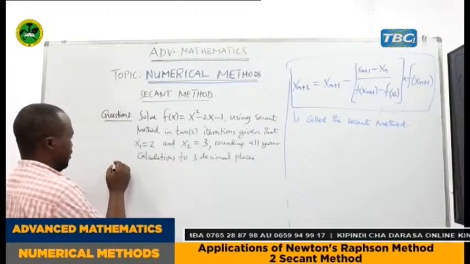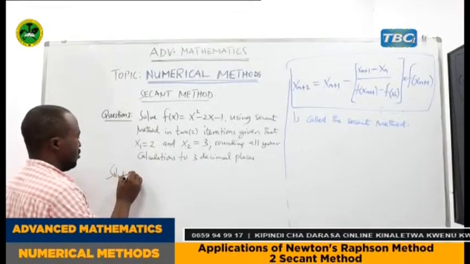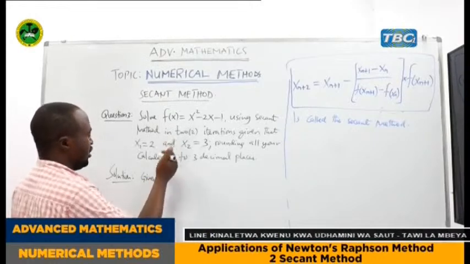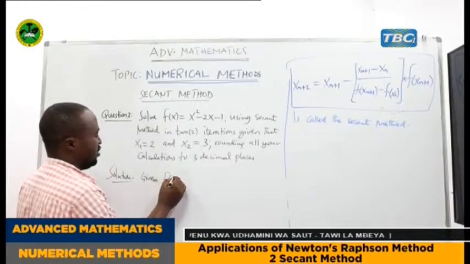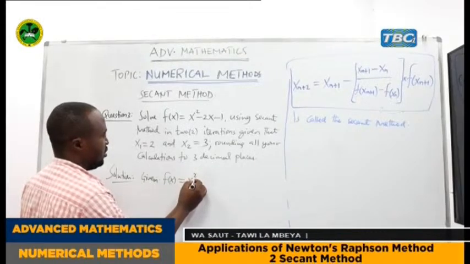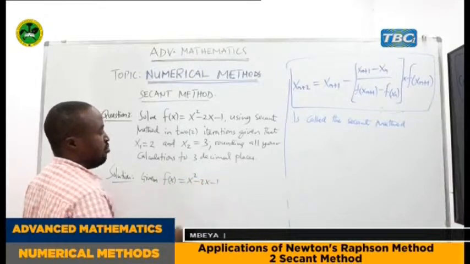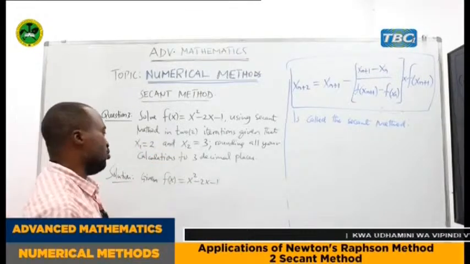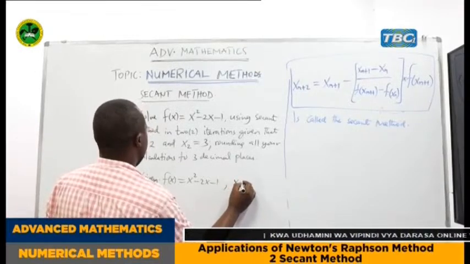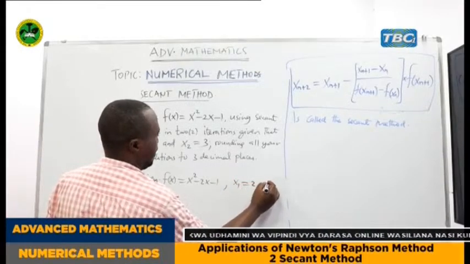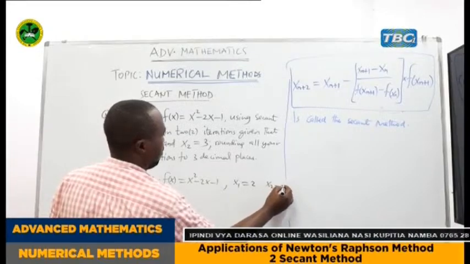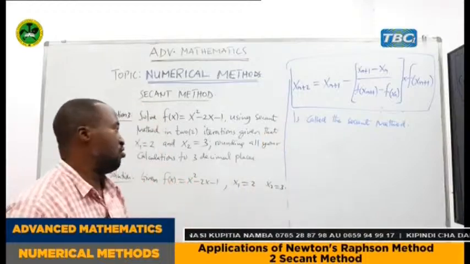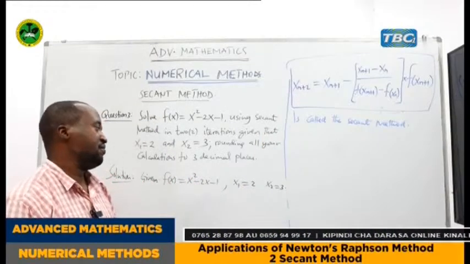Now, let us have a solution. We have the function f of x is equal to x squared minus 2x minus 1. But again, we have been given two values, x1 and x2. So here x1 is equal to 2 and x2 is equal to 3. We are supposed to use the second method to solve this quadratic function.